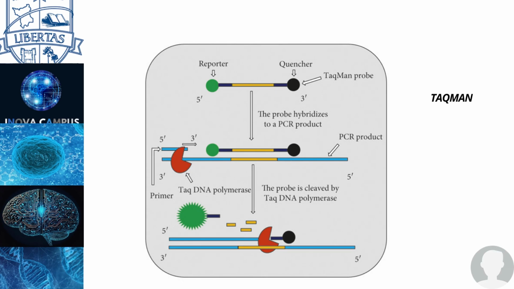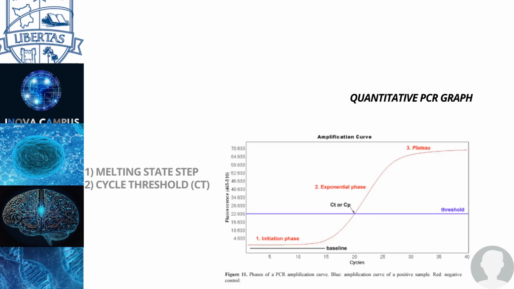But to understand this, we have to learn how to interpret a graph, a PCR graph. A PCR graph shows the increasing of the fluorescence of this gene that I'm targeting as we run cycles.